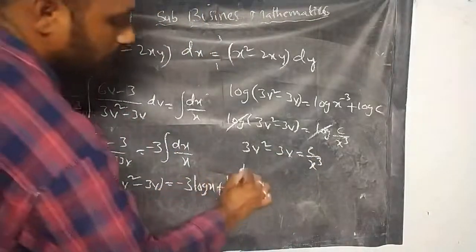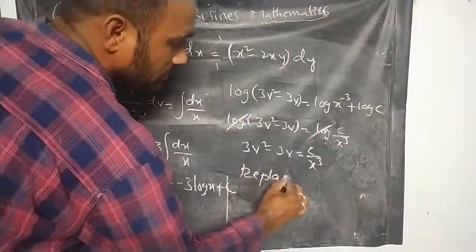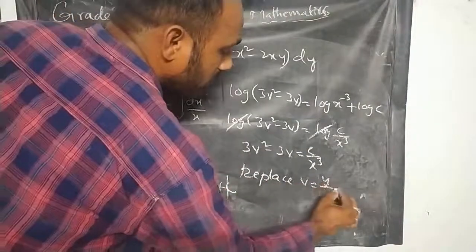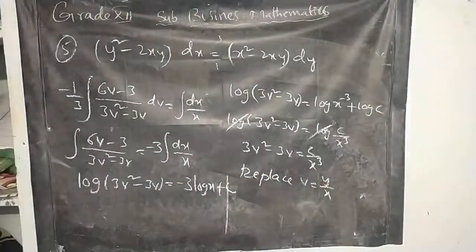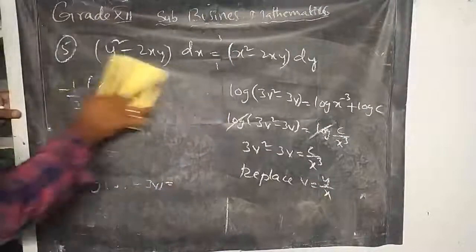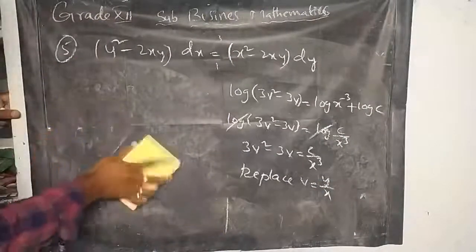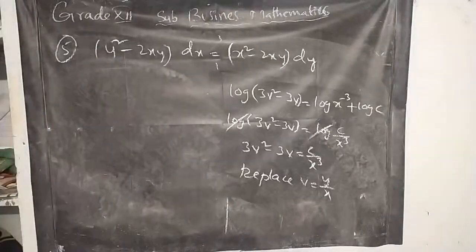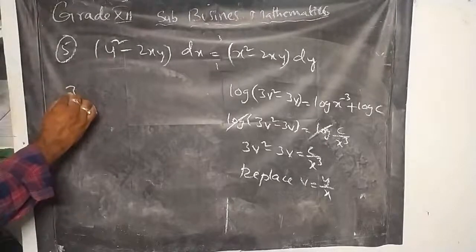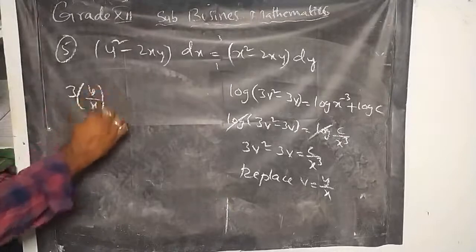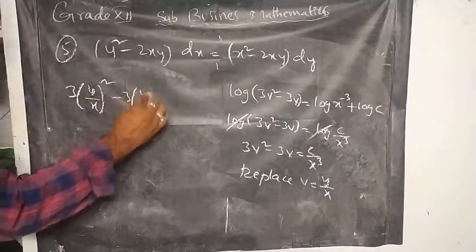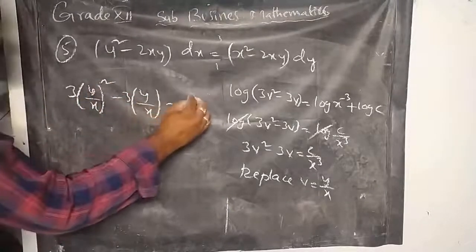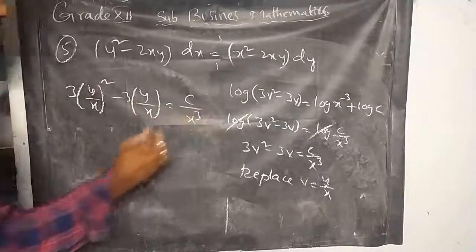Now we have to replace v by y by x. Now if I am replacing v by y by x, then it will change as 3 into y by x whole square minus 3 into y by x is equals to c by x cube.